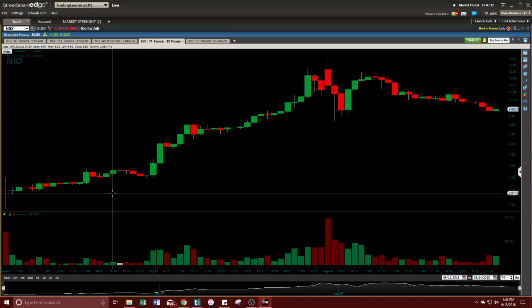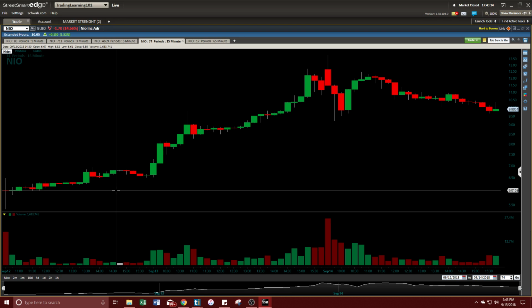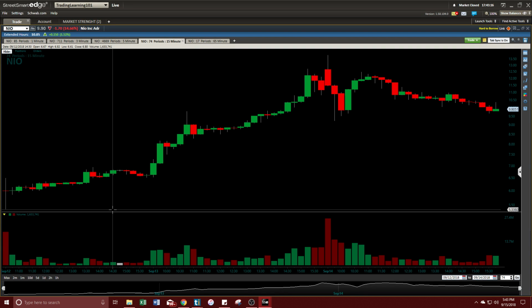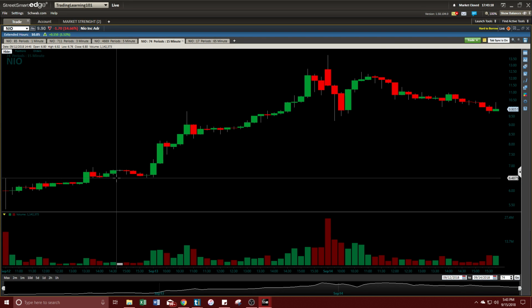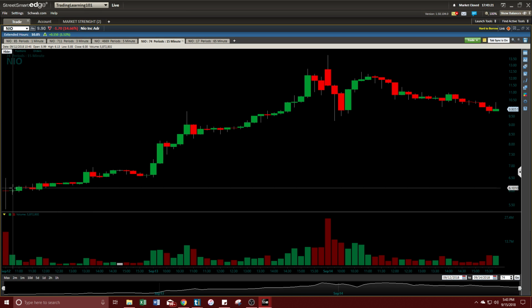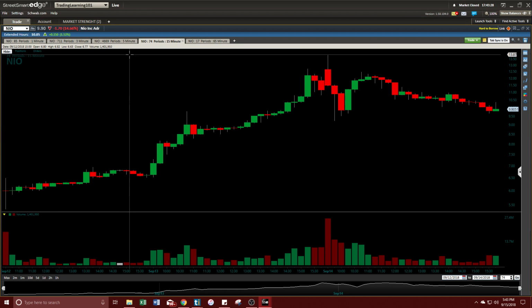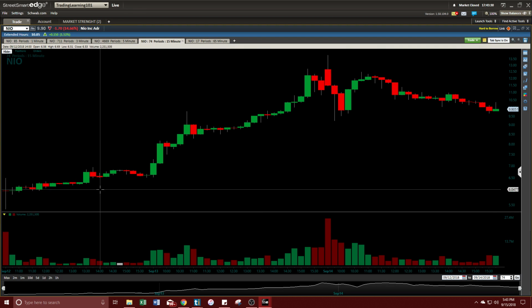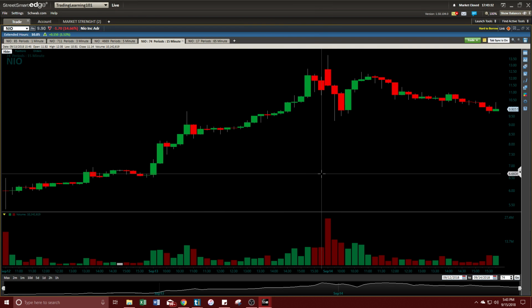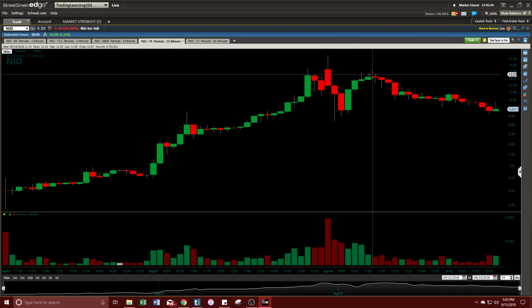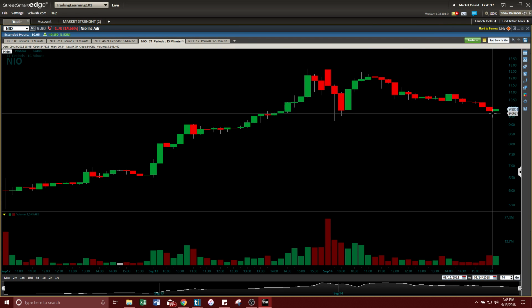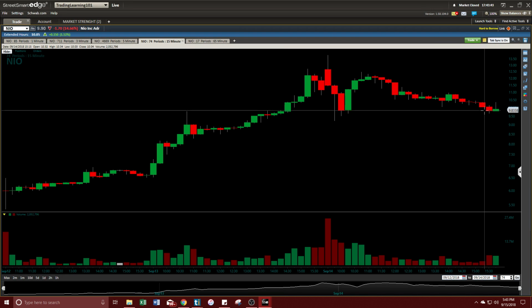This opened right here at around $6, came down to $5.30 to $6.50, and this is the 15-minute chart. And this thing went from 6 all the way up to 13.87. Crazy, crazy move right there. And then it pops up a little bit right here and then falls down. And this is still going to be on the watch list because momentum can easily turn back into this.